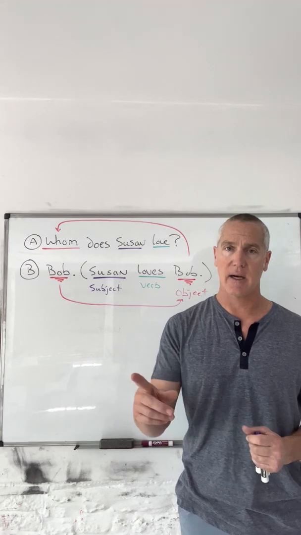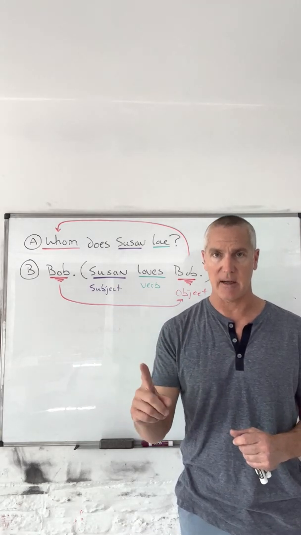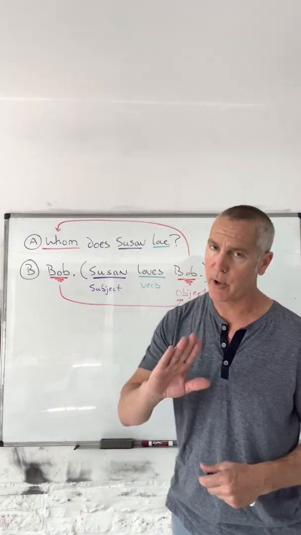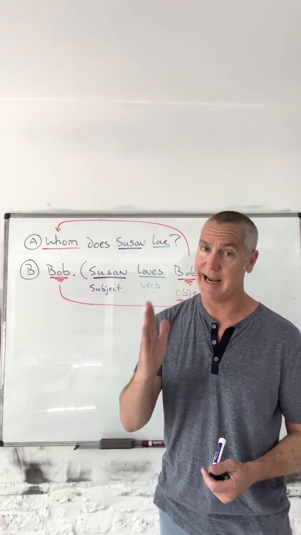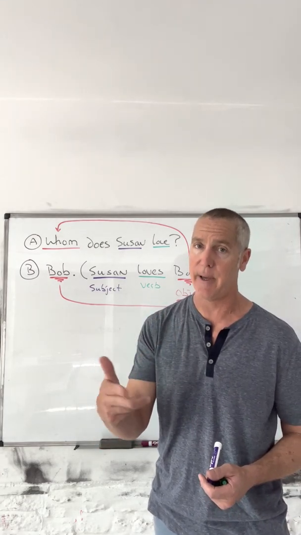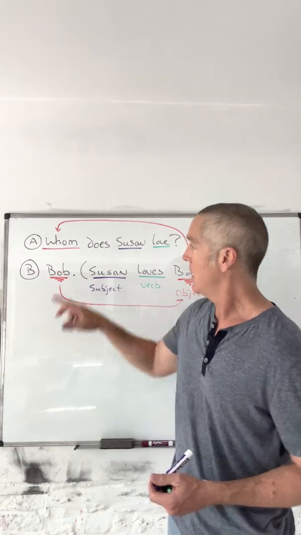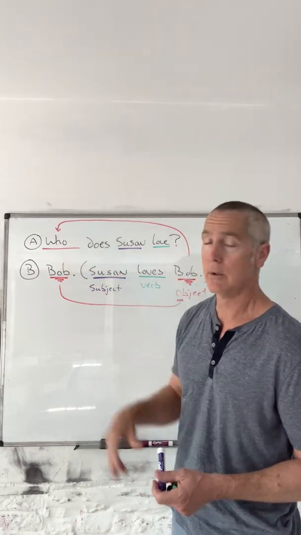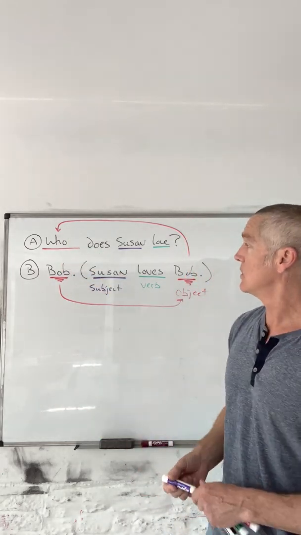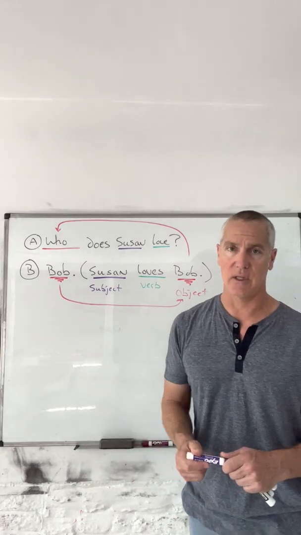Now, like we mentioned in the beginning of this video, it is perfectly correct and standard and a little bit more common too. And that is just to use this, who. Who does Susan love? Bob. Susan loves Bob.